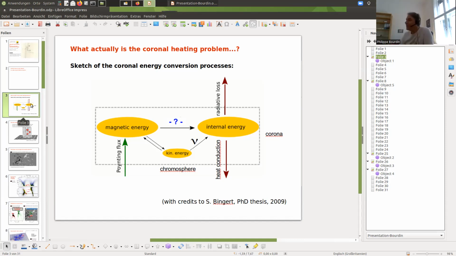I don't fully agree. The reason is, what we do in the model is we adapt, of course. So our resistivity is not the realistic one, but our viscosity is the realistic one. So with the fluid description, with a higher resistivity eta, we adapt the dissipation to a different length scale.